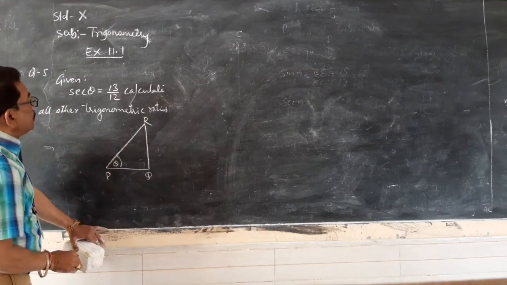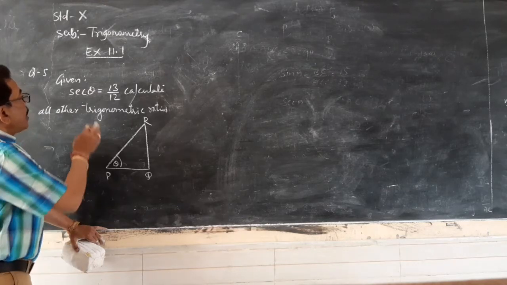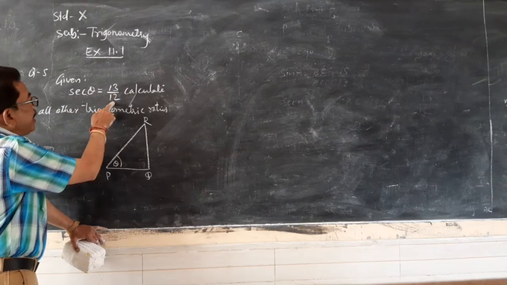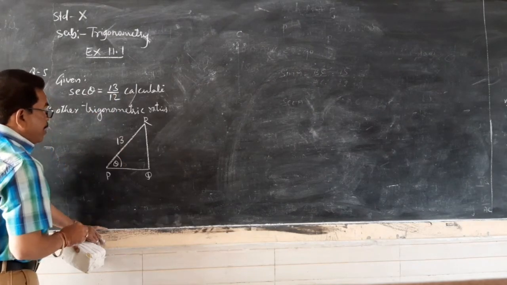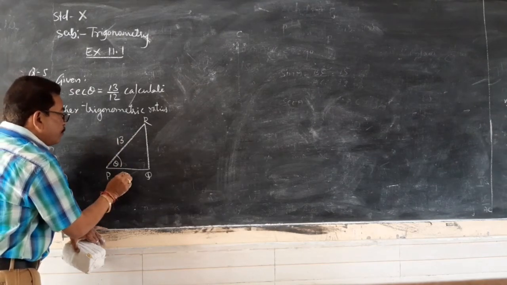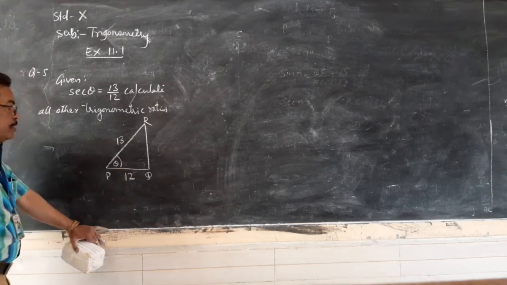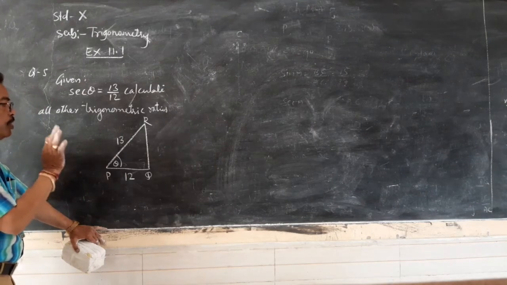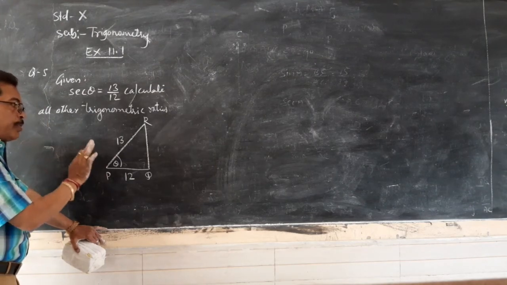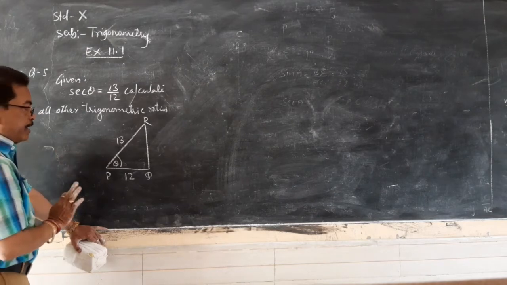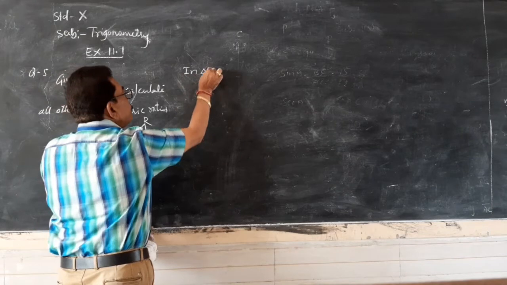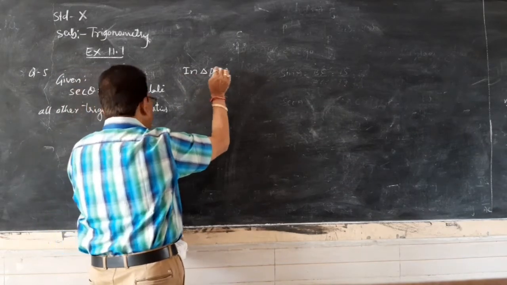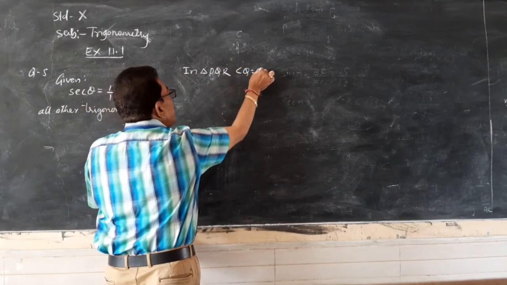Sec theta is hypotenuse divided by adjacent side, 12. Sec theta equals hypotenuse divided by adjacent side. In triangle PQR, angle Q equals 90 degrees.